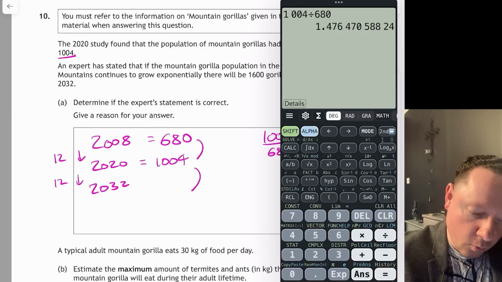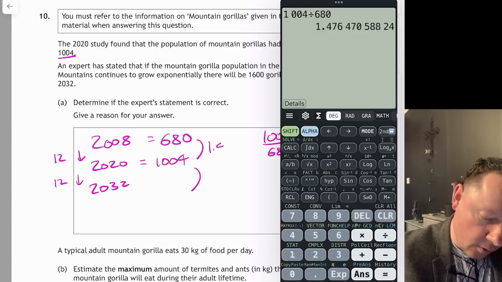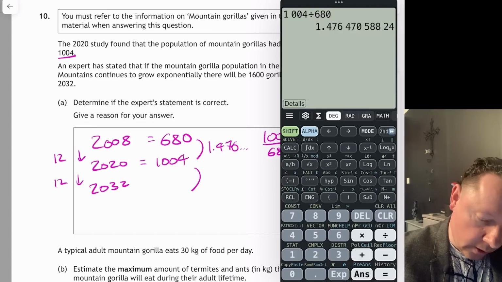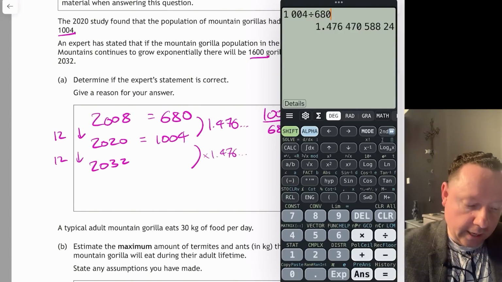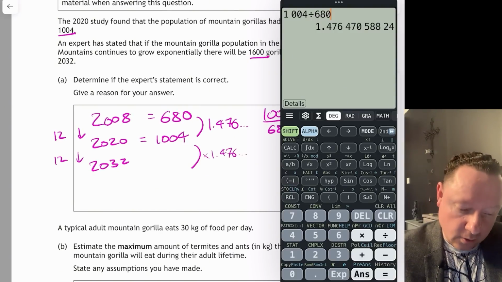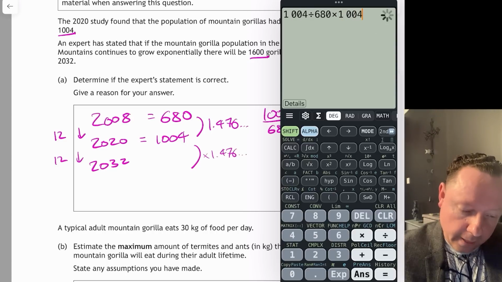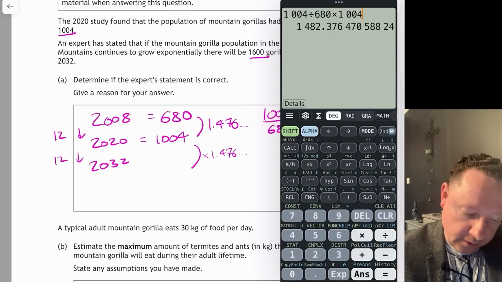That's 1.476. I'll take a note of it as a truncated amount, but I'll just leave it in my calculator. So that means to get to the next one, I'm going to times by 1.476 as well. So I'm just going to press times 1,004. That gives me 1482.376.